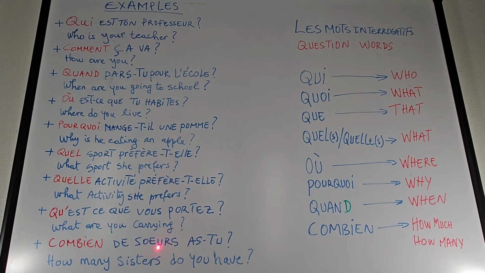Remember when we were doing the phonetics, we said O, E sounds like that. And the S is there because sœurs is plural, and the S at the end is mute. Combien de sœurs as-tu? Which means, how many sisters do you have?